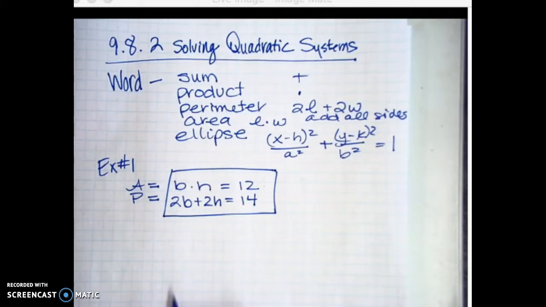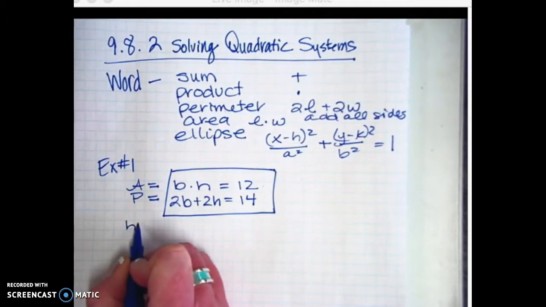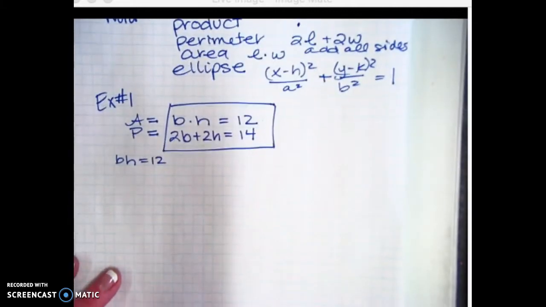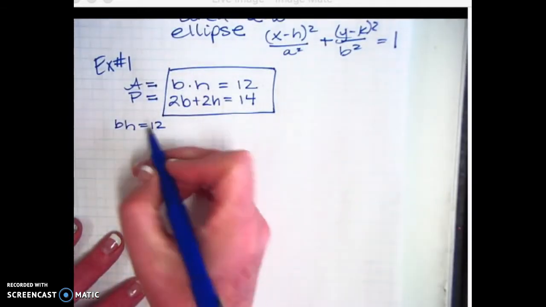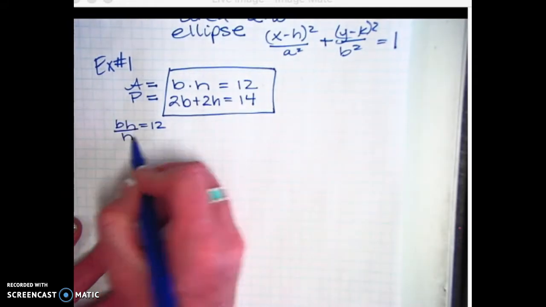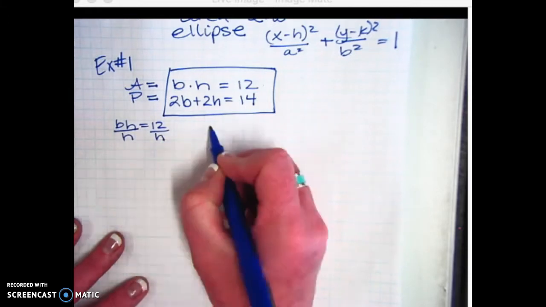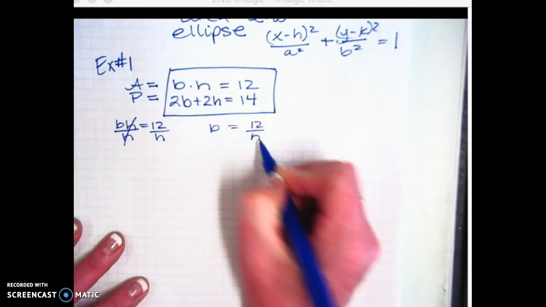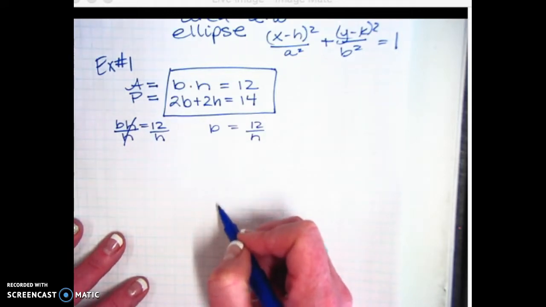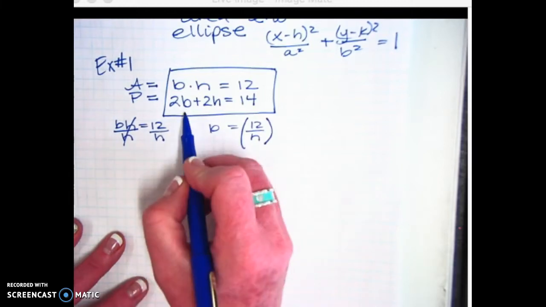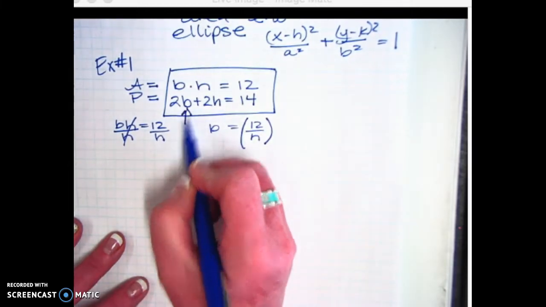The first one, right? So if I take BH equals 12, I can solve for either of those variables. I'm going to solve for B. That means I'm going to divide both sides by H, and I'll be left with B equals 12 over H. That 12 over H is what I'm going to plug into the other equation where the B is at.